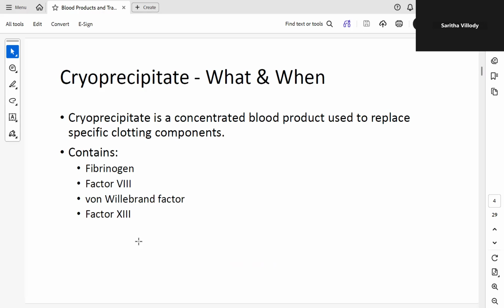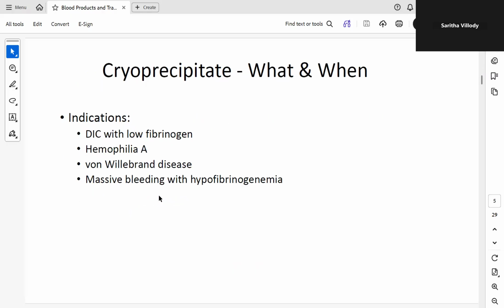Anyways, let's look at some of the products which we're going to learn. So cryoprecipitate, when do we give this? You usually give it when the fibrinogen level is low or factor 8, von Willebrand factor or factor 13 is missing. Okay, these are the times when we usually give the cryoprecipitate.